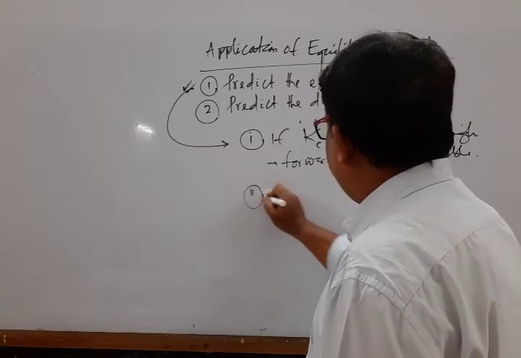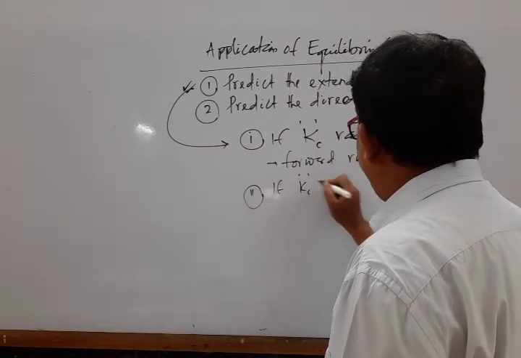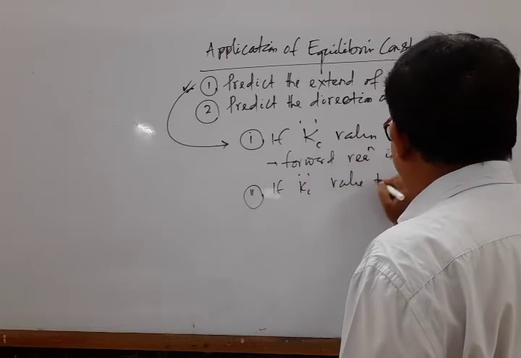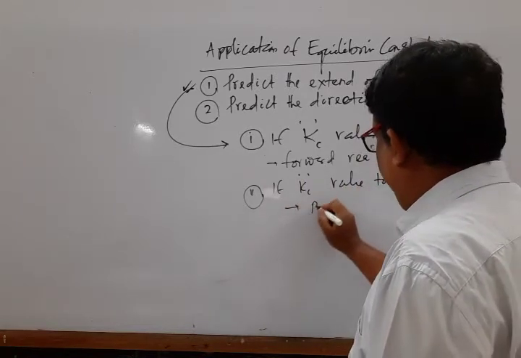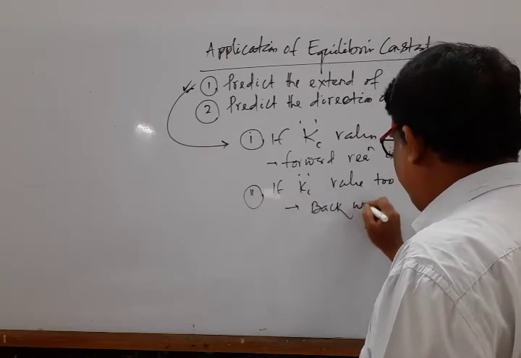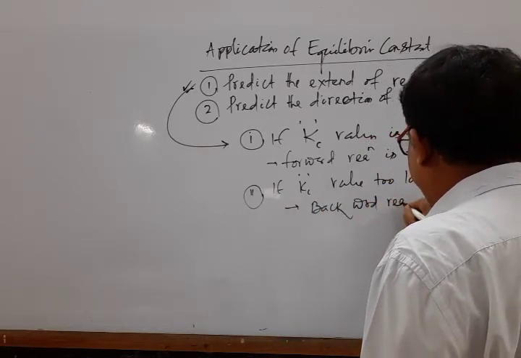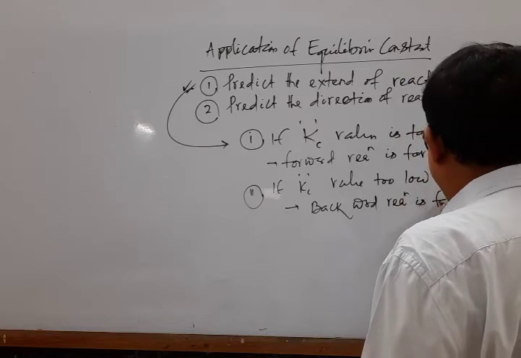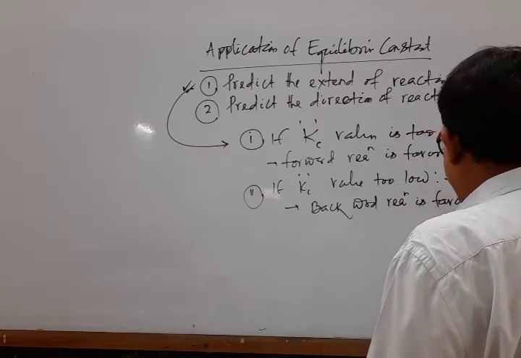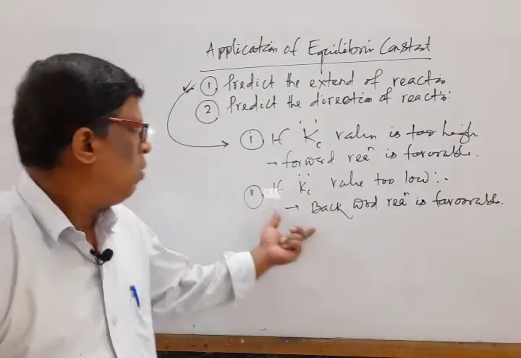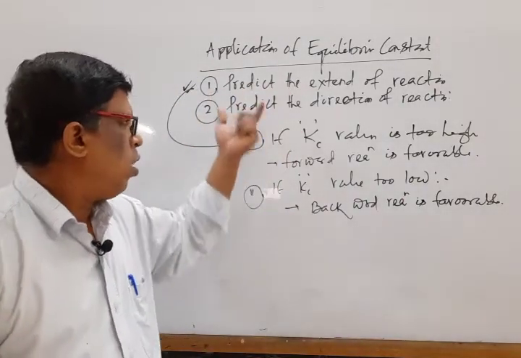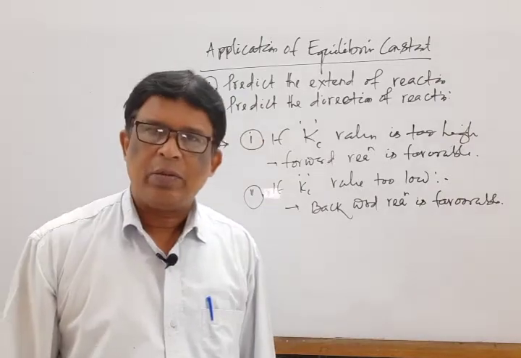Similarly, if the equilibrium constant value is too low, it indicates that the backward reaction is favorable. These are the two important points for predicting the extent of the reaction.